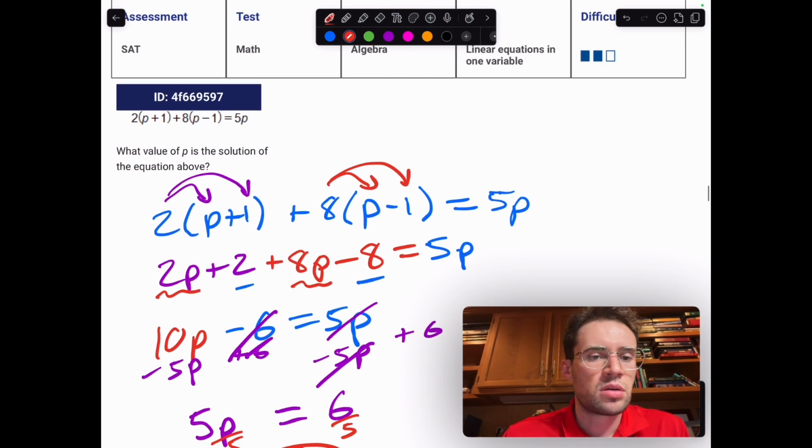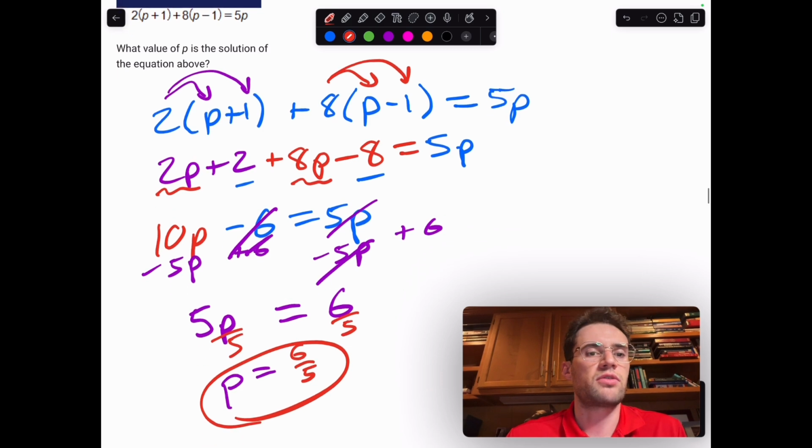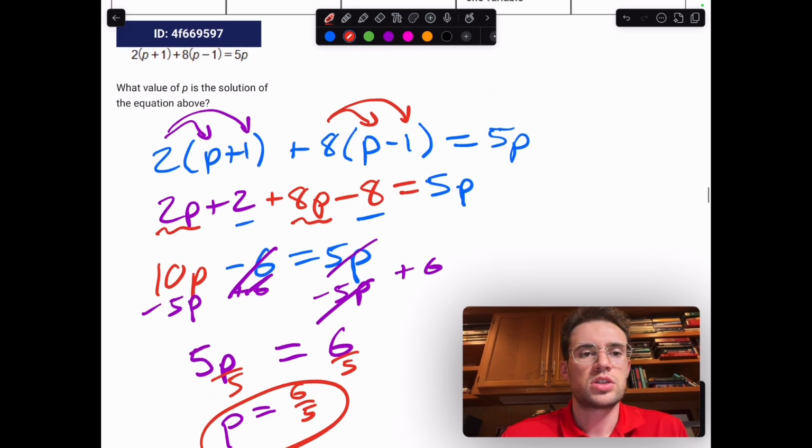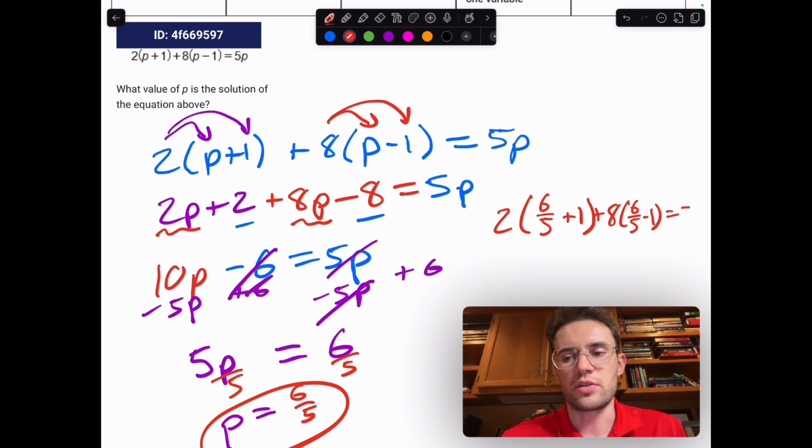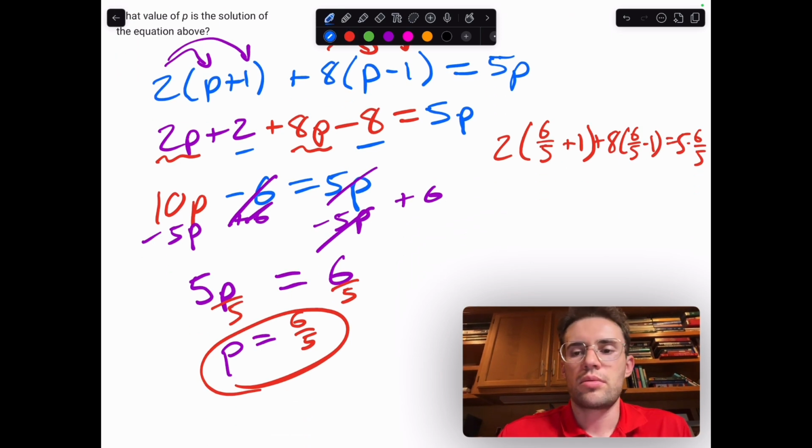This one, there's no answer choices, but if you want to check it, you just plug it back in. So you'd say, all right, 2 times 6 fifths plus 1 plus 8 times 6 fifths minus 1 should be equal to 5 times 6 fifths. Well, in this case, 1 is the same as 5 fifths.